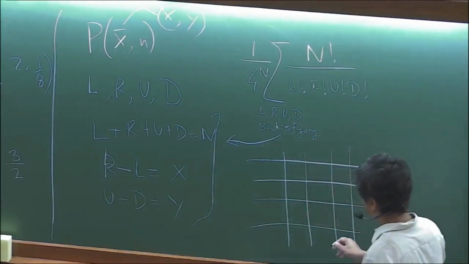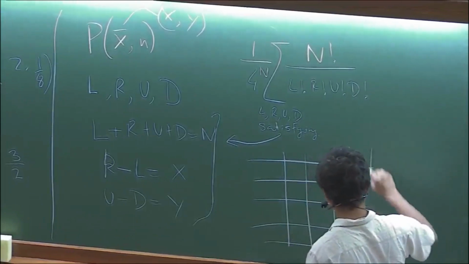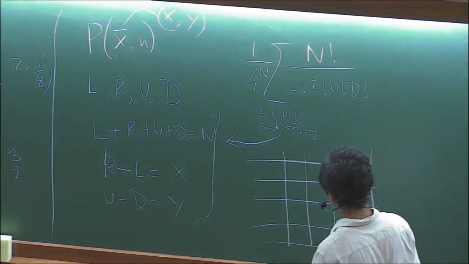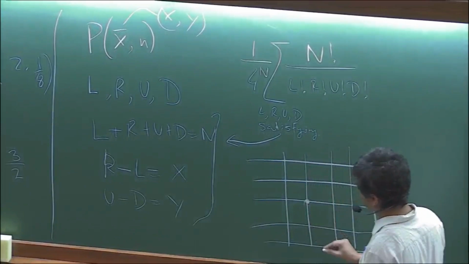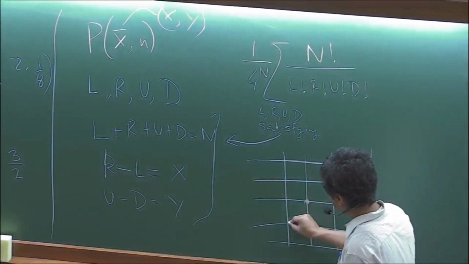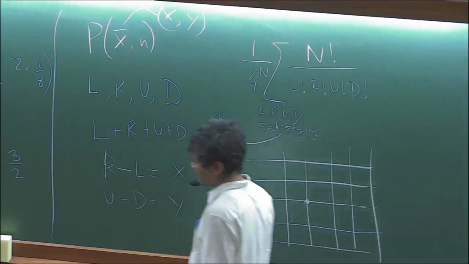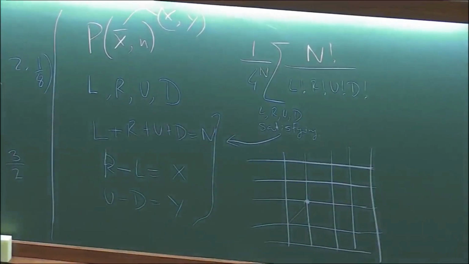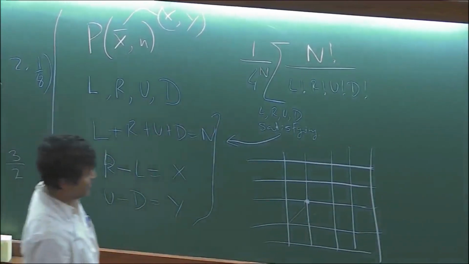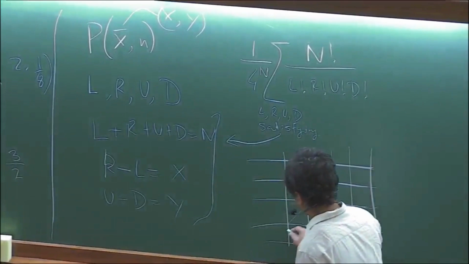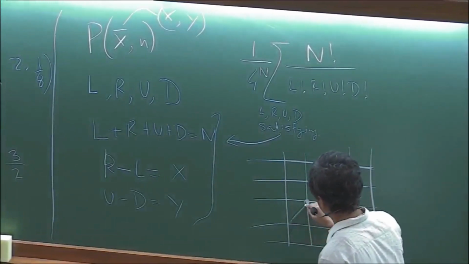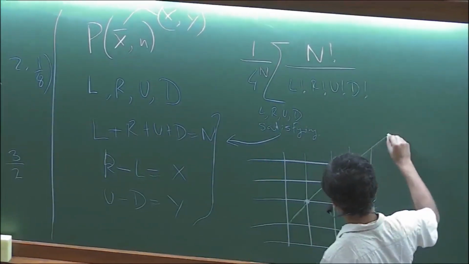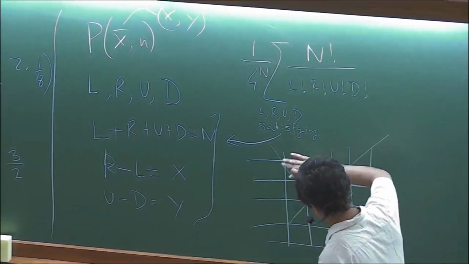Okay, so this is the square lattice, and this is the origin. Now just imagine that you have another sort of rotated lattice which looks like this.